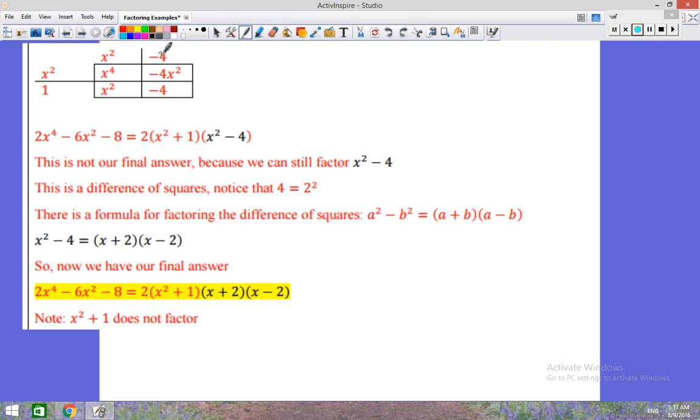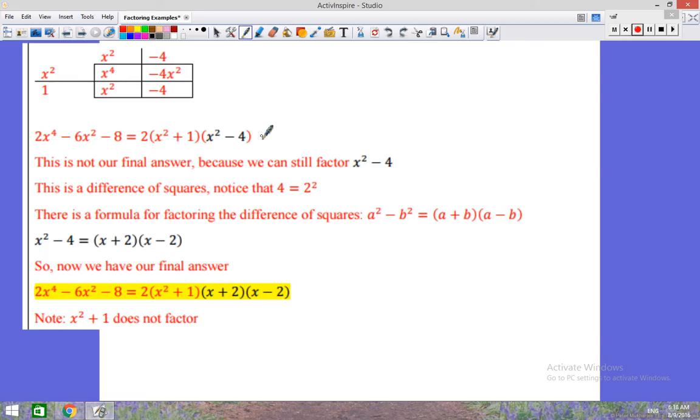X squared times negative 4x squared. 1 times x squared, 1 times negative 4, negative 4. So once you have the outside of this, you're able to write your factored form. Remember, it had a 2. We don't lose that common factor of 2. Now we have the x squared plus 1 and x squared minus 4.